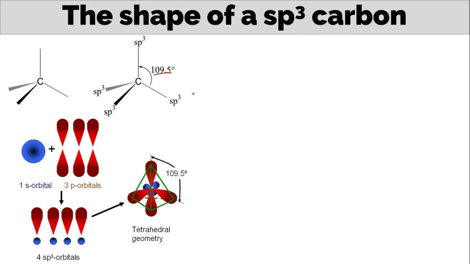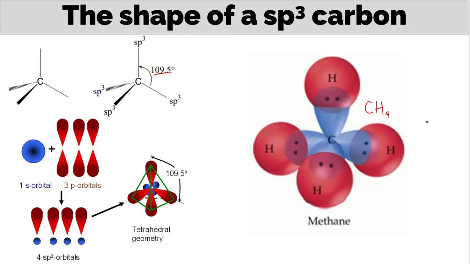In organic chemistry, this molecule is called methane. Methane has a chemical formula of CH4. Methane is the simplest hydrocarbon consisting of one carbon atom and four hydrogen atoms. This is a powerful greenhouse gas which is flammable and is used as fuel worldwide.